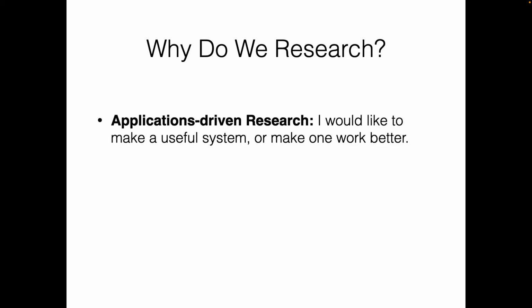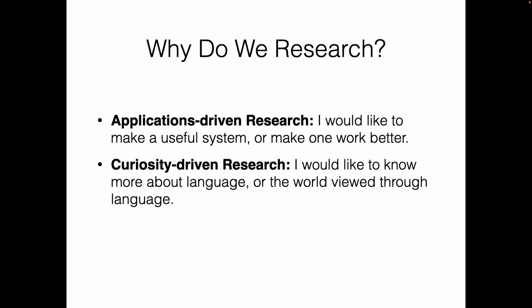One category could be driven by a particular application or set of applications. Here you might say, I would like to make a useful system or make one work better. So you might have a particular application in mind.